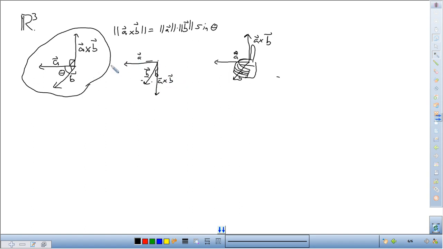So we know the direction. We know it's orthogonal to both vectors A and B, and we know the magnitude based on this formula. We can figure out the magnitudes of A and B, and the angle between them. So we can figure out what this vector is, and it is the cross product.